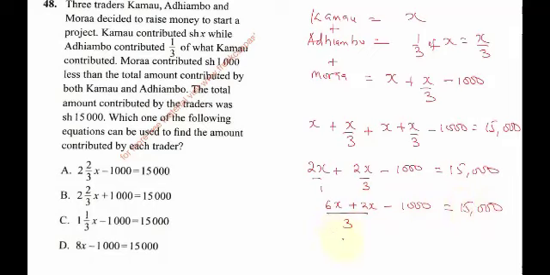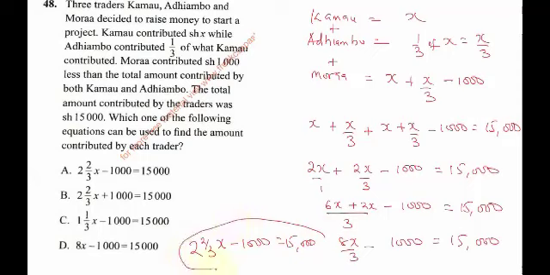So this is going to give us 8x over 3 minus 1,000 is equal to 15,000 shillings. So from here, we're going to convert this to a proper fraction. This is going to be 8 over 3 is going to give us 2 whole number 2 over 3x minus 1,000 is equal to 15,000 shillings.